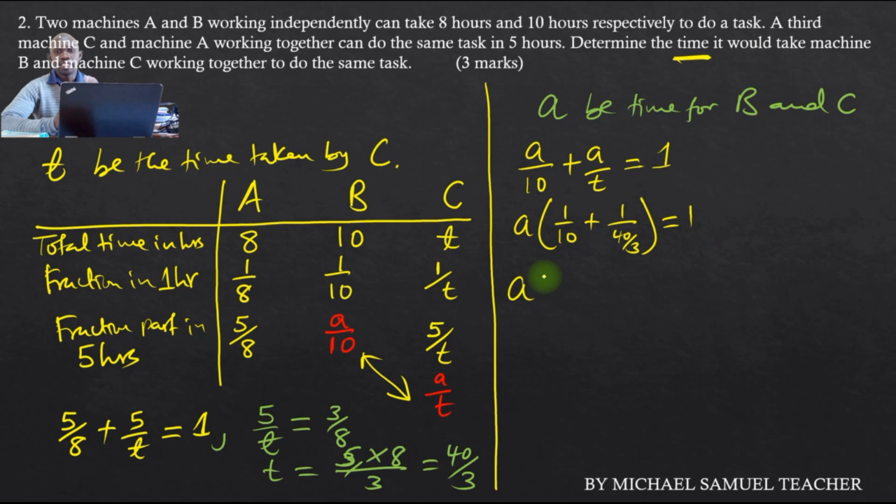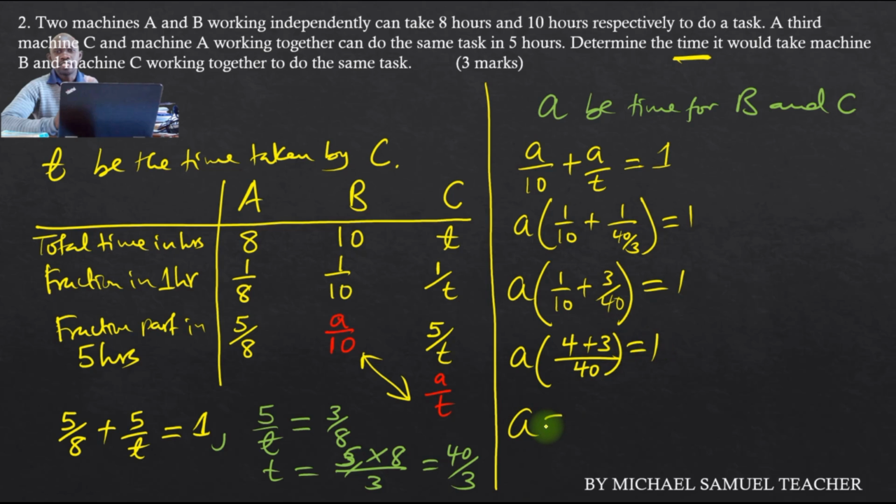So this will be 1 over 10 plus 3 over 40 equals 1. With LCM 40, 40 divided by 10 is 4 times 1, which is 4, plus 40 divided by 40 is 1 times 3, so that will be equal to 1.